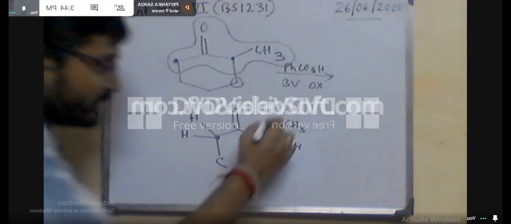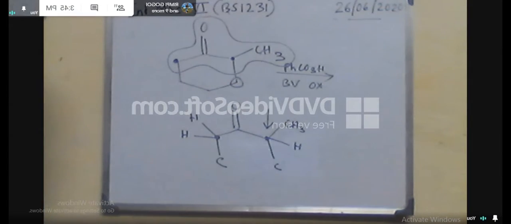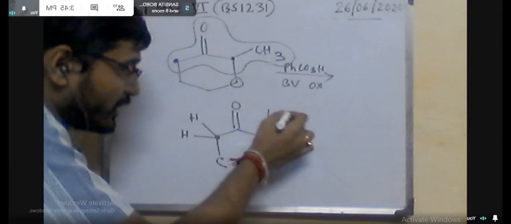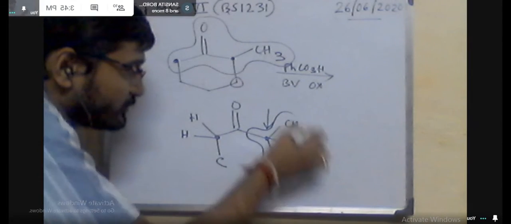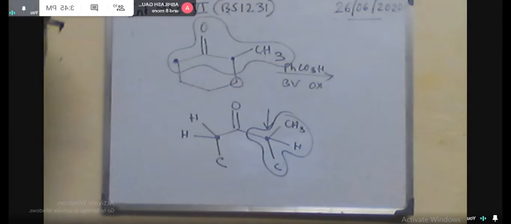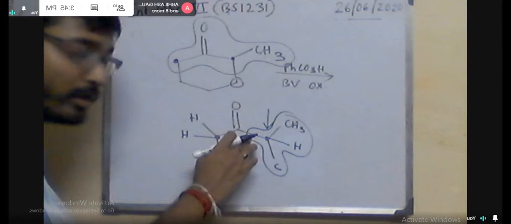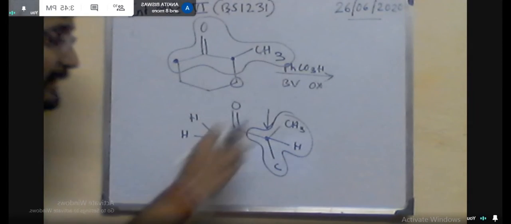So, again you will get the 7-membered ring, and here it will be the methyl. Okay. So, these are the examples for the cyclic ketone.